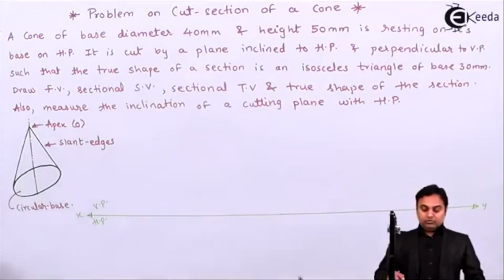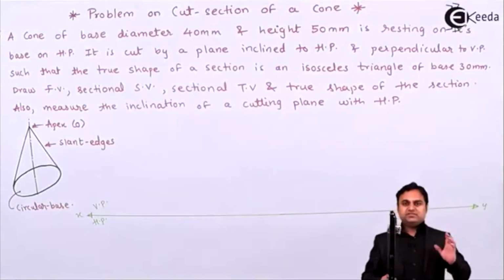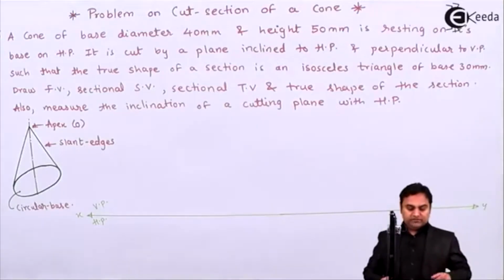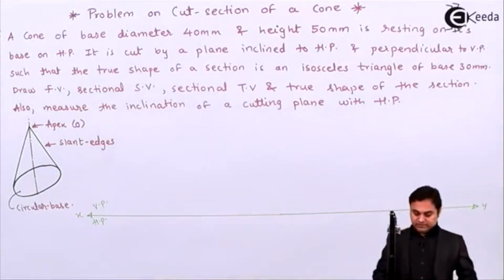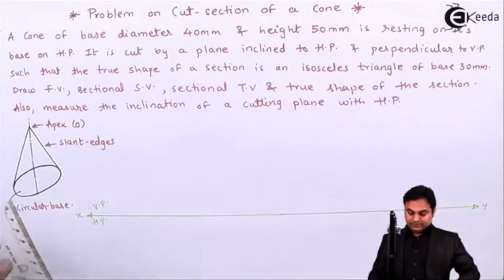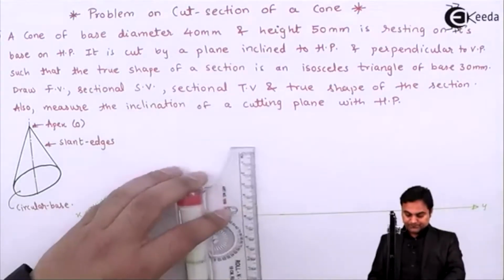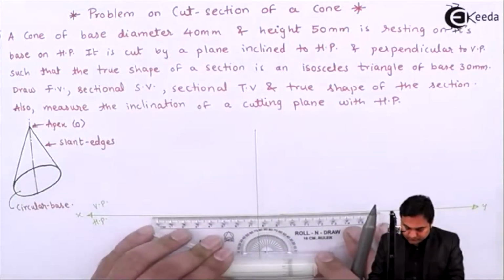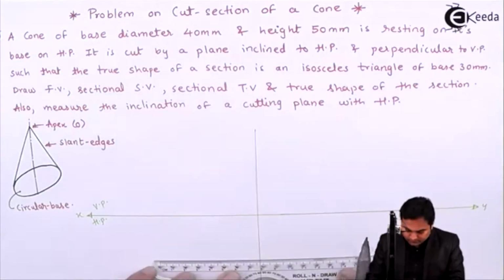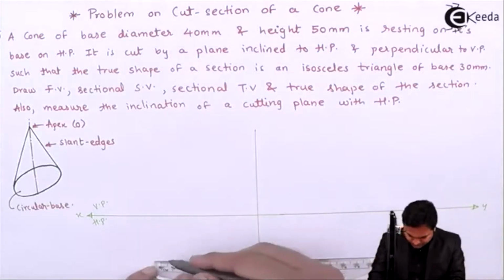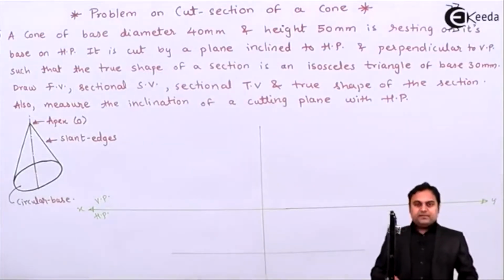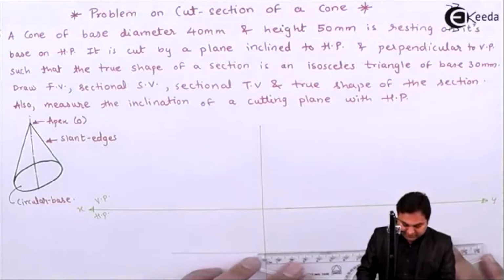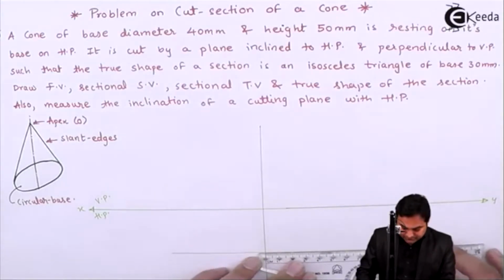Now, cone of base diameter 40 mm, and since in this question we have to draw front view and side view as well, I'll start from the middle. That is, I'll draw the top view here. The base diameter is 40 mm, so I'll take the radius as 20.